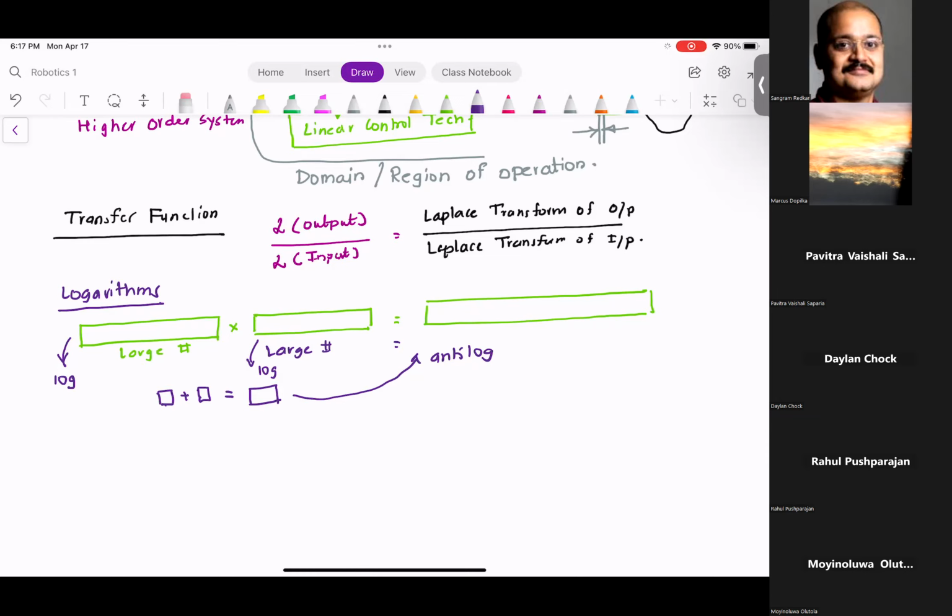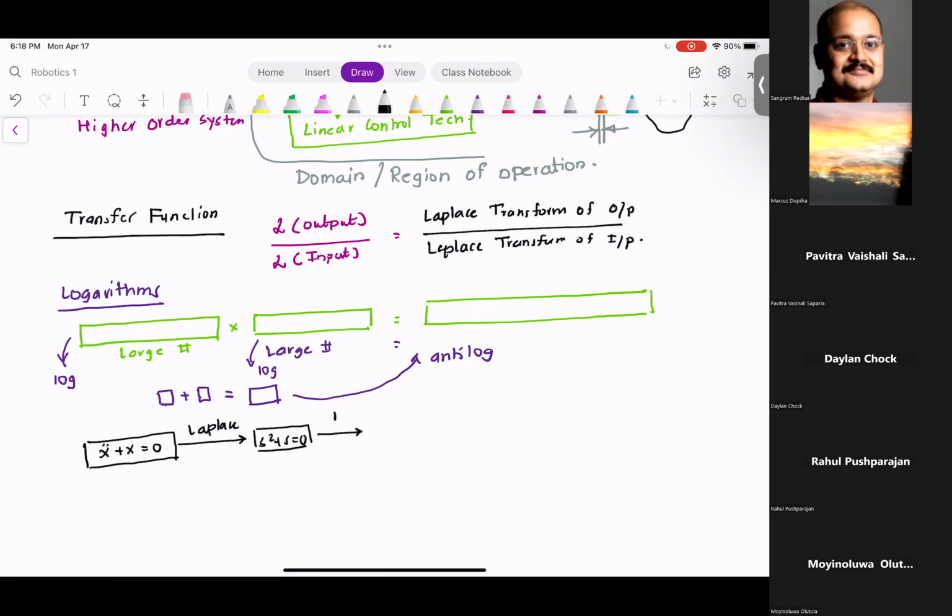Now similarly, when we use the Laplace transform, we have this differential equation, x dot plus x is equal to 0. We use the Laplace transform, and this equation becomes an algebraic equation.